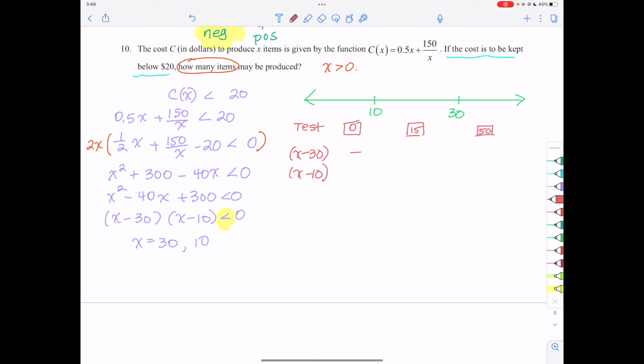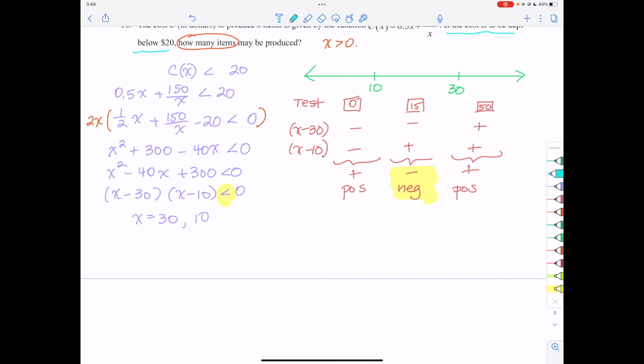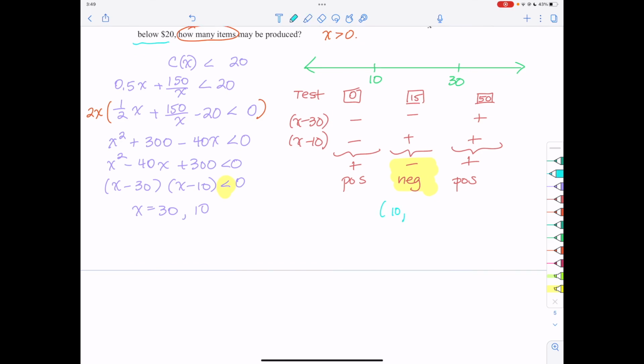So here we have a negative and a negative, and then plugging 15 in, a negative and a positive, and then plugging 50 in, of course, we have a positive and a positive. Okay, and now, remember, we're looking for less than. So this is what we want. So this would be between 10 and 30 is our solution.